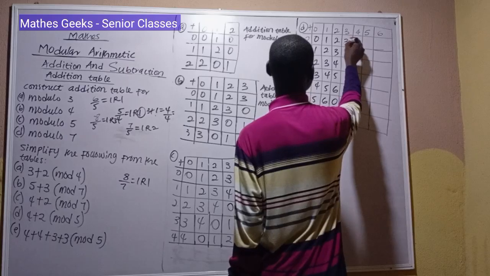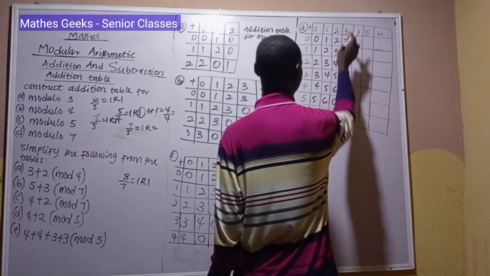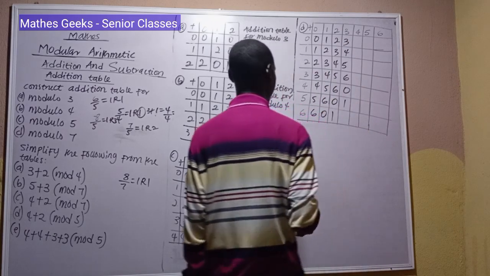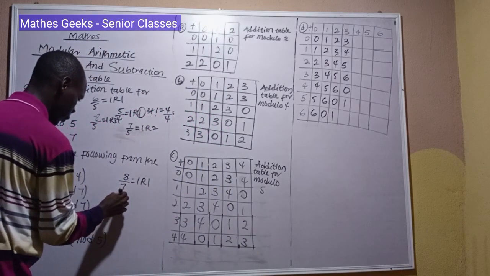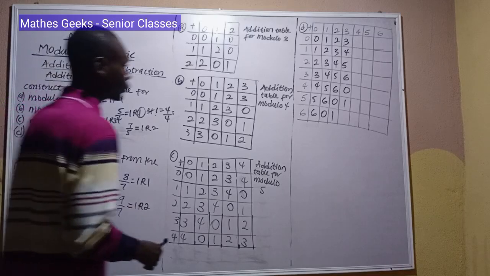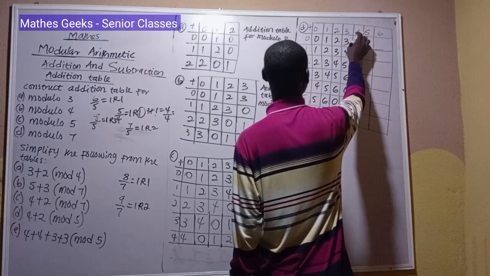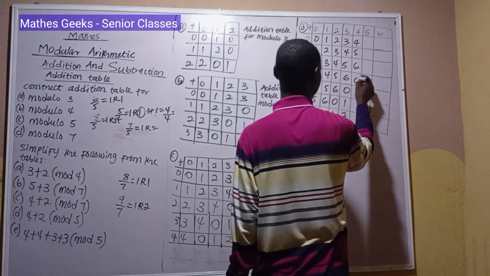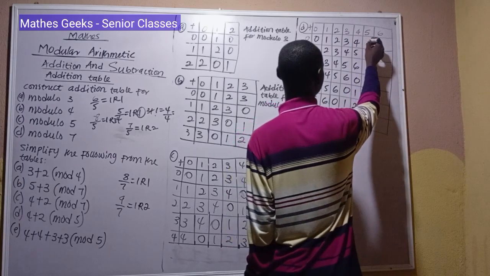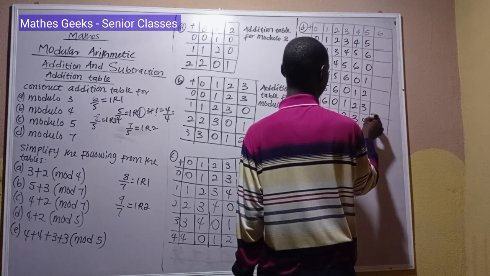3 plus 0 is 3, 4. 3 plus 2, 5. 3 plus 3 is 6. 3 plus 4, 0. 3 plus 5, 1. 3 plus 6, 9. 9 divided by 7 equals 1 remainder 2. Here will be 2. 4 plus 0, 4, 5, 6, 0, 1, 2, that will be 3. 5 plus 0 will give us 5, 6, 0, 1, 2, 3, 4.